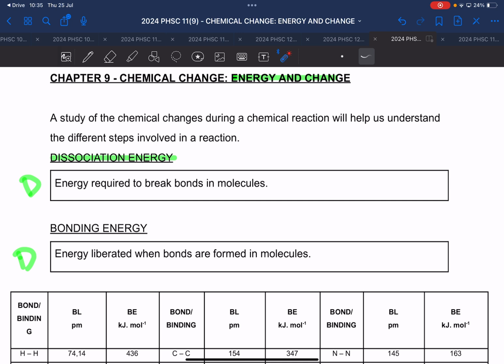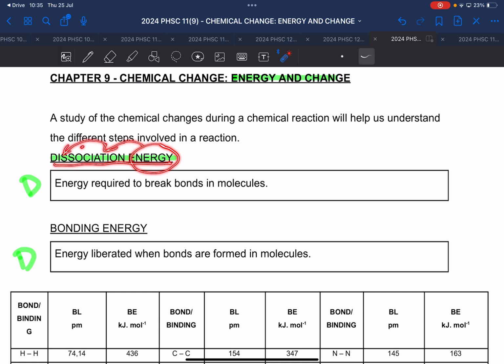So condensation is the process to condense, and elimination is the process to eliminate. So dissociation energy is the energy needed for the process to take apart.